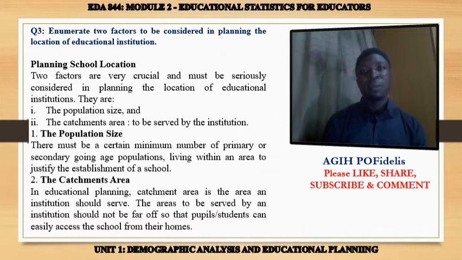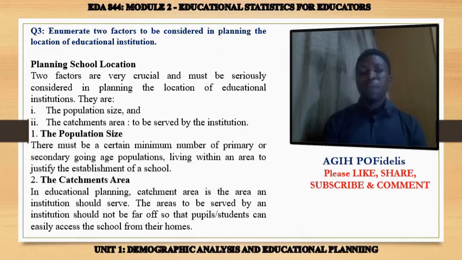But in densely populated areas, we do not need to raise this question, as the number of school-going age is always sufficient in this area. The second factor to consider is the catchment area, as stated earlier.